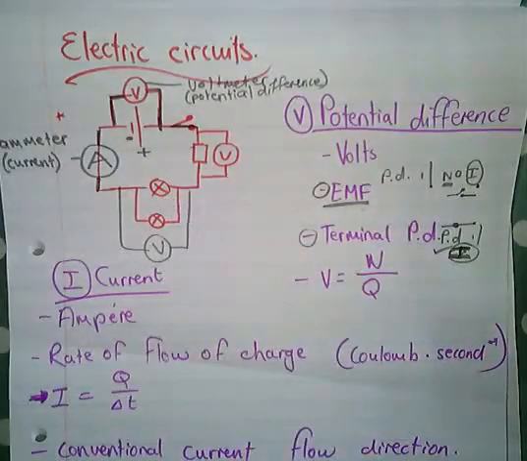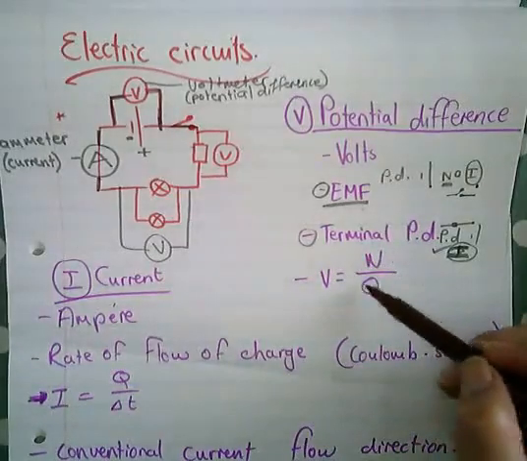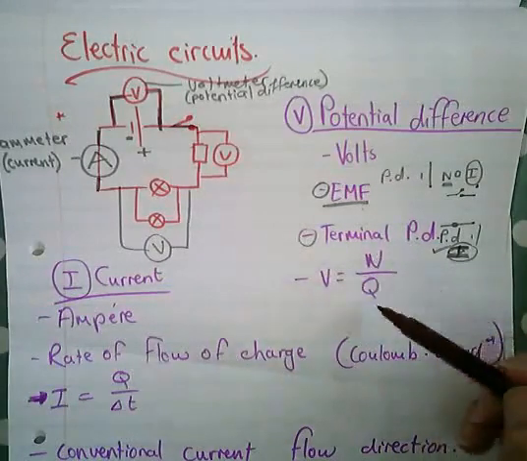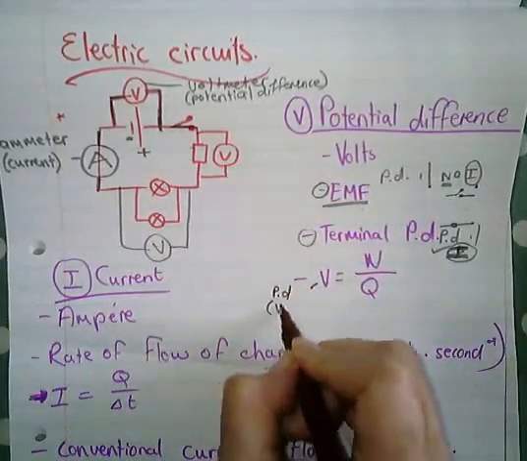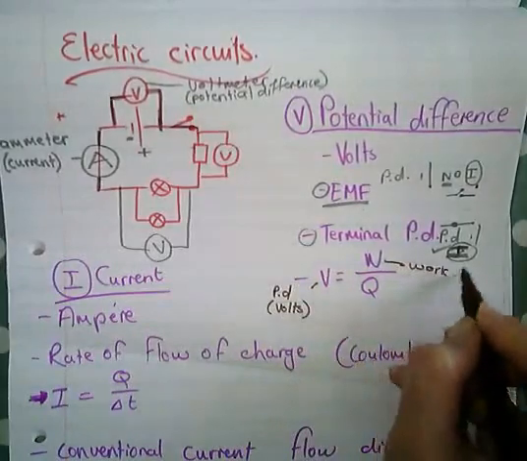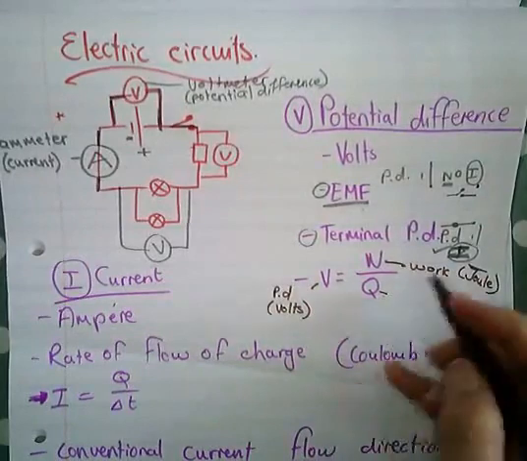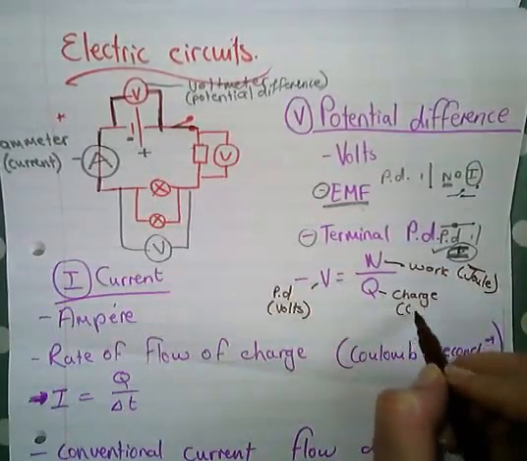Then calculating potential difference. Potential difference is the amount of work done per charge. So V is W over Q, where V is the potential difference in volts, W is the work done in joules, and Q is the charge, which we measure in coulombs.